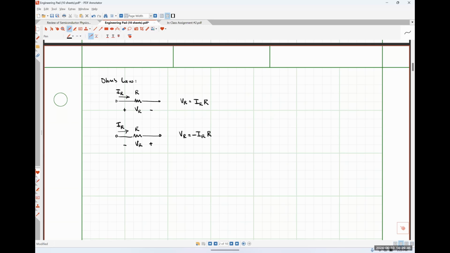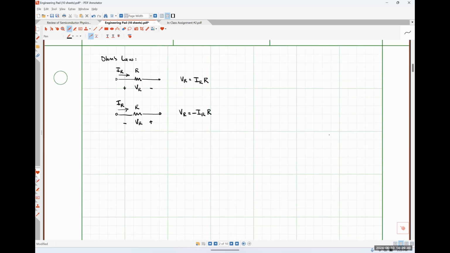Now, for conductances, this works effectively the exact same way.